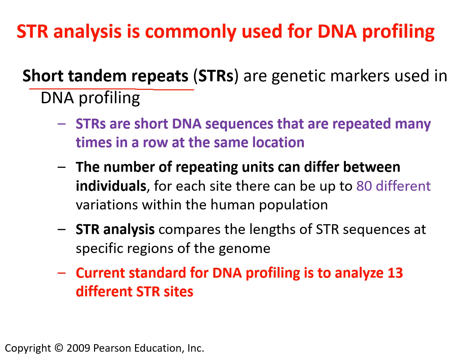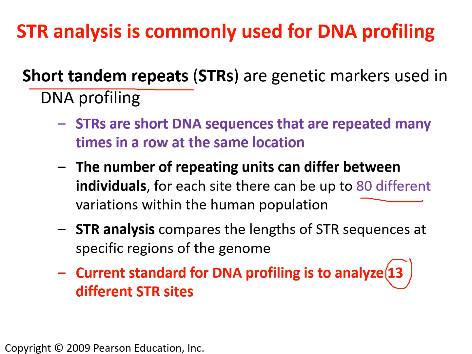There can be up to 80 different variations within a human population of one particular site. So the standard now, I think it's gone up from 13, I think it's more like 16 or 17 different sites now. And you have to be a match at all these sites in order to be a perfect match.